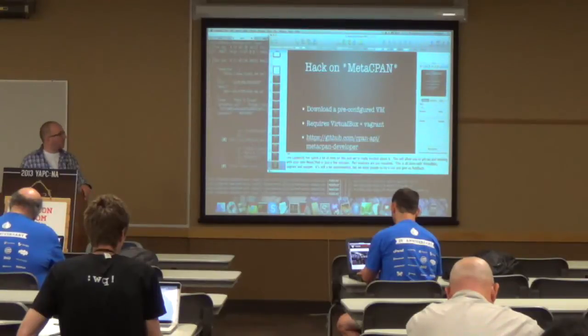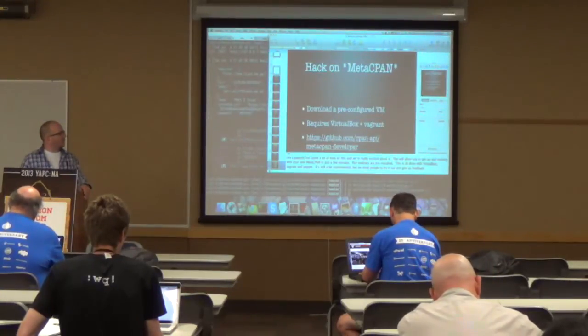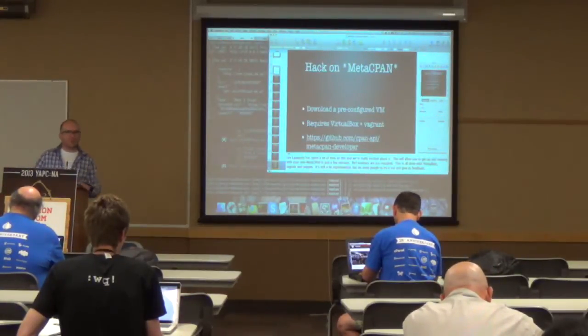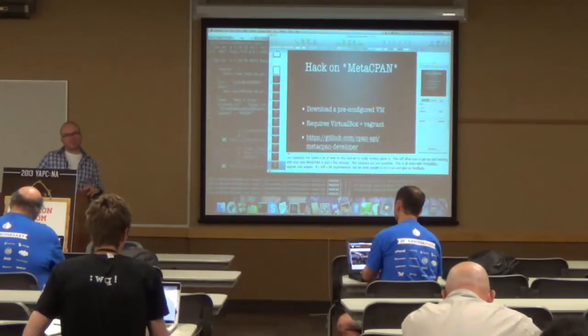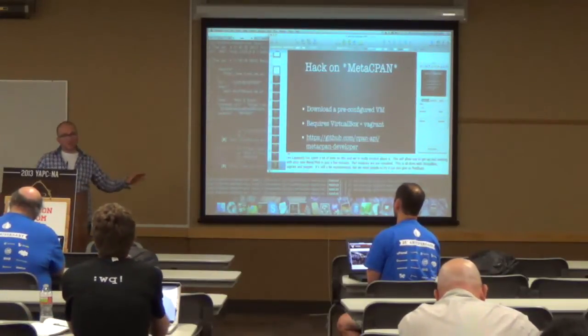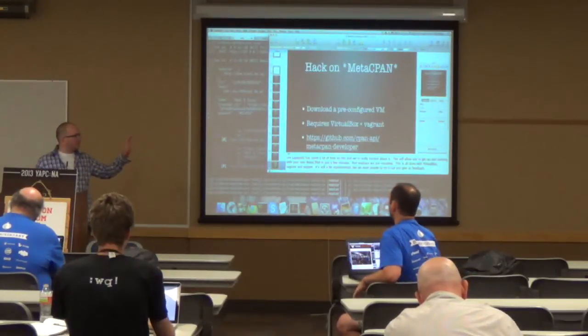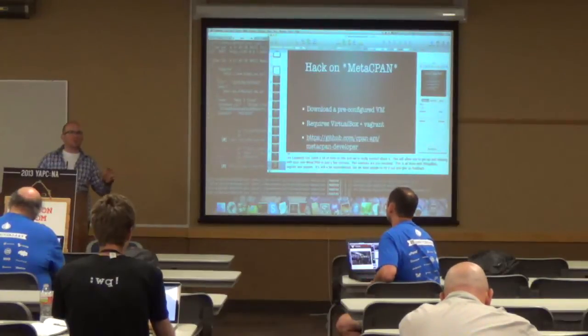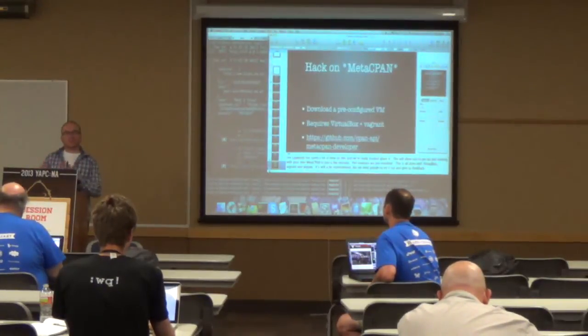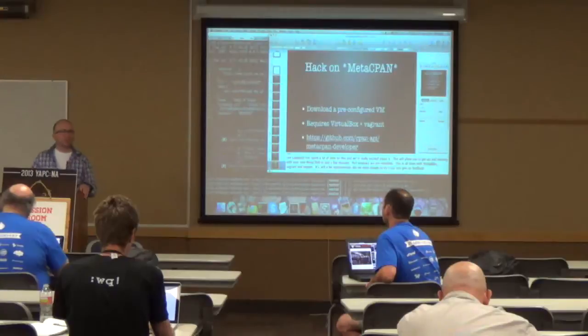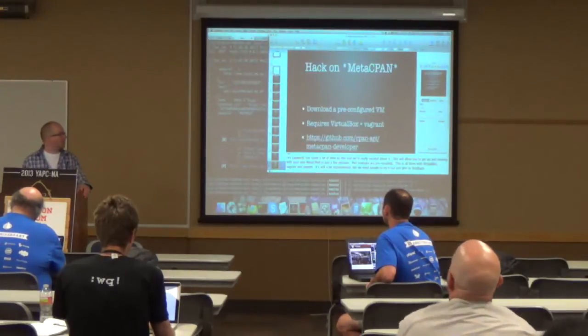But the cool thing about this is if you, for some reason, wanted to have your own DarkPAN at your company, you could grab this VM, get CPAN modules, get your own modules on it, maybe your own StrataPAN or whatever, and then index that. So you'd have your own CPAN that you could use, but you'd also have your own search site where you could search just the versions of the documentation that you have. So that's kind of neat.